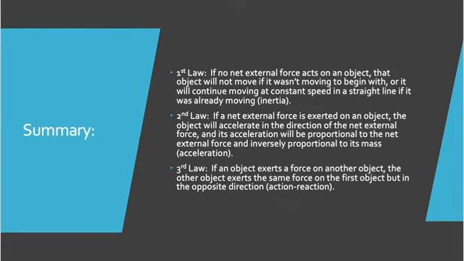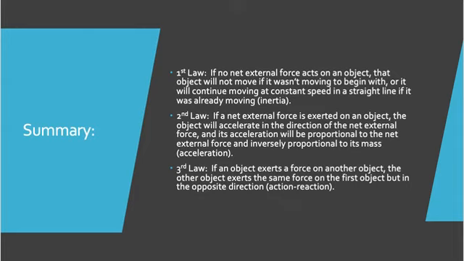So, to summarize, Newton's first law states that if no external force acts on an object, that object will not move if it wasn't moving to begin with, or it will continue moving at a constant speed in a straight line if it was already moving. His second law states that if a net external force is exerted on an object, the object will accelerate in the direction of the net external force, and its acceleration will be proportional to the net external force and inversely proportional to its mass.